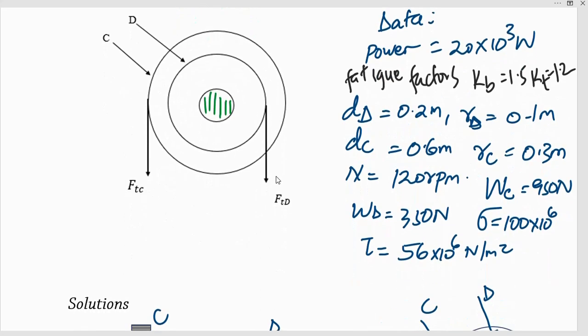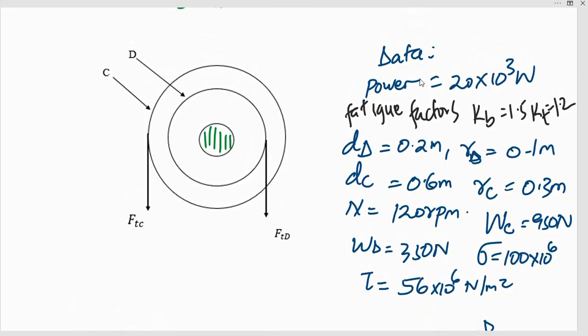Then this is the information provided to us. We have power that we have converted to watts, that is 20 times 10 to the power 3. Then we have the fatigue and shock factors in bending and in torsion.